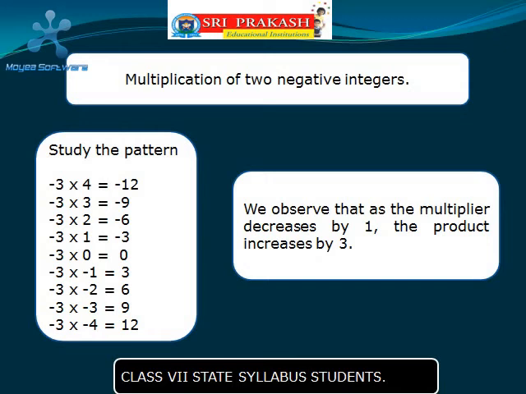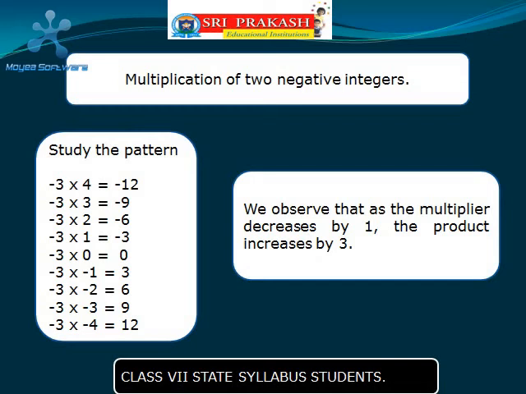So minus 3 into minus 1 is equal to 3. In the same way, minus 3 into minus 2. That means we have to increase the product by 3. So 3 plus 3 we get 6. Minus 3 into minus 2 is equal to 6.